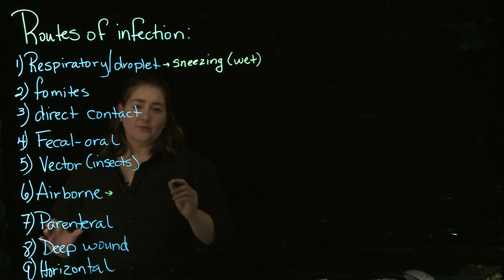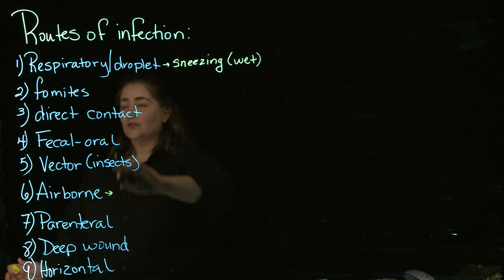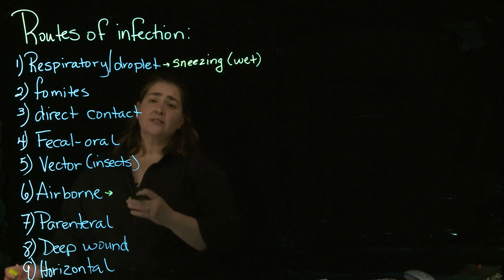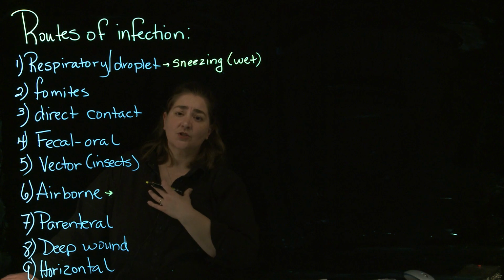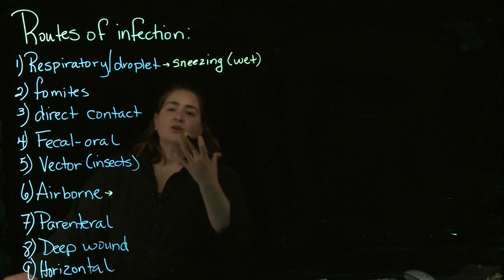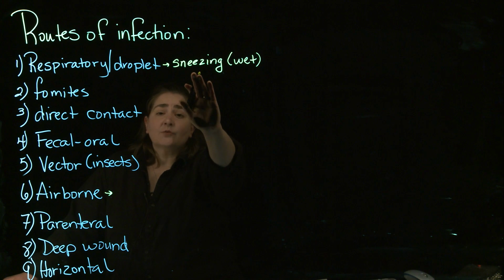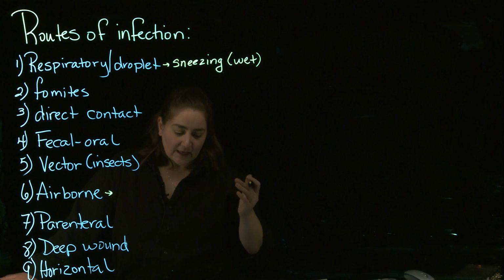With airborne, you might think, well, what the heck's the difference between it being airborne and it being respiratory, okay? Respiratory typically means you have the infection associated somewhere with the respiratory system. You sneeze, you cough, you release viral particles, okay? That's the way the flu can be transmitted. Measles can be transmitted this way, all right?